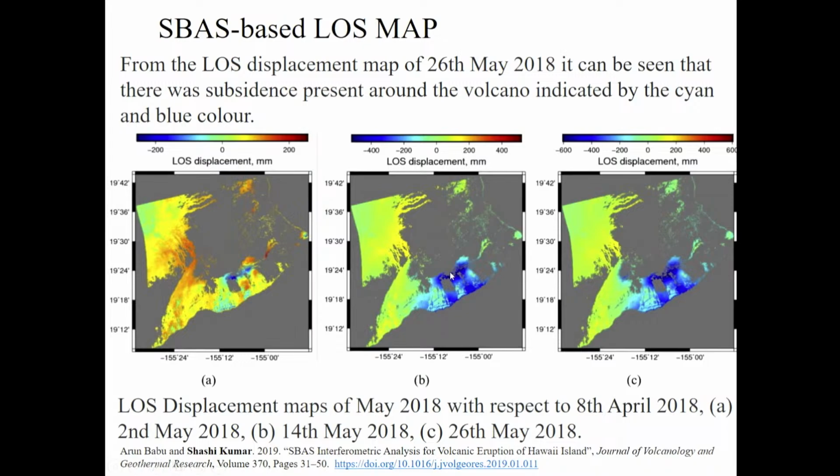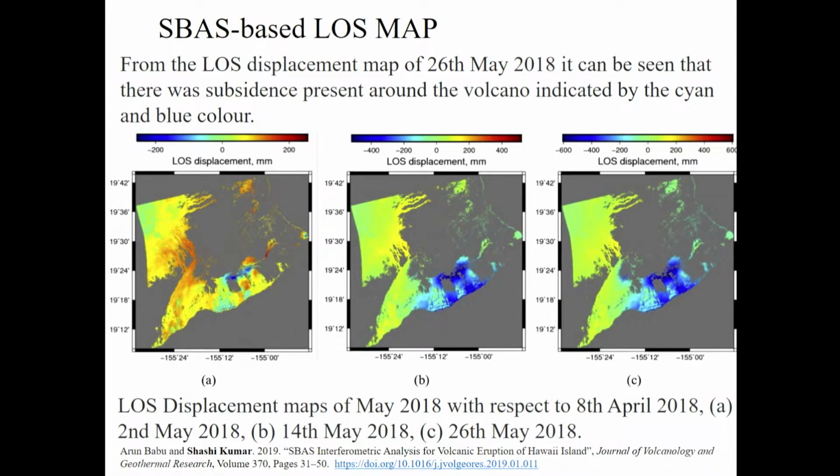In this image you can see that on 2nd May 2018 very little subsidence was recorded, and the area suffering from subsidence was also very small. But during mid-May, you can see that the subsidence level increased to between -200 and -400 millimeters for some locations, and less than -400 millimeters were also detected.